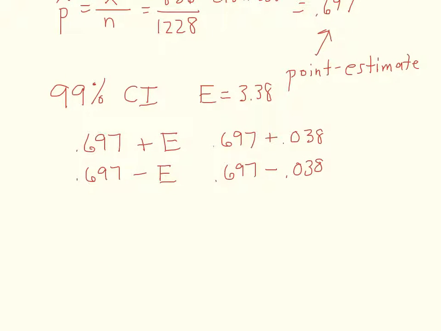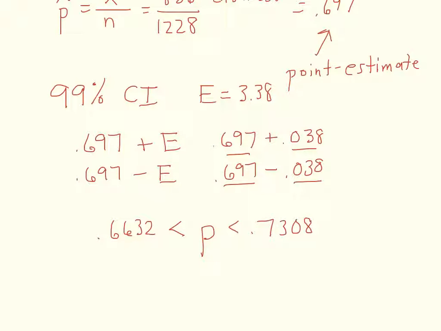So our confidence interval now becomes that the true population proportion is going to fall between 0.6632 and 0.7308. And again, that's the 0.697 plus and minus our margin of error. You notice it was one more decimal. Again, I'm using the results from the calculator that it tells me at the bottom of the page.